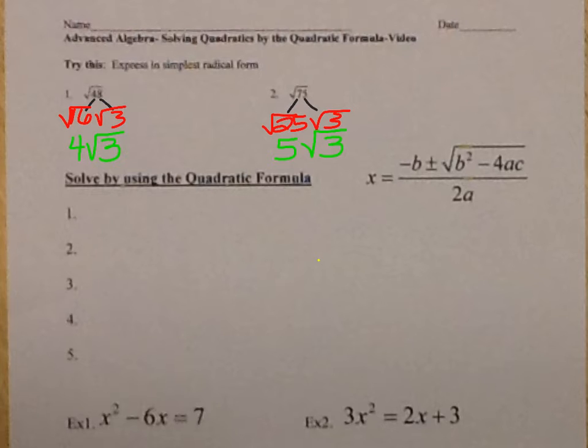All right, so we're going to write down what to do to solve using the quadratic formula. So the first thing you're going to do is put the equation in standard form. Standard form, remember, is ax squared.